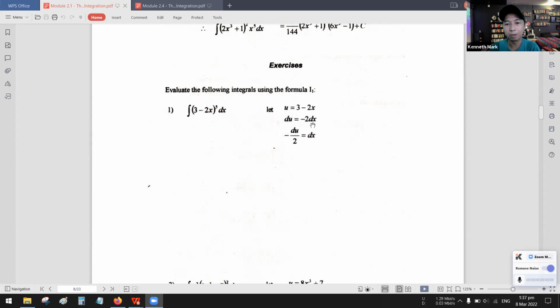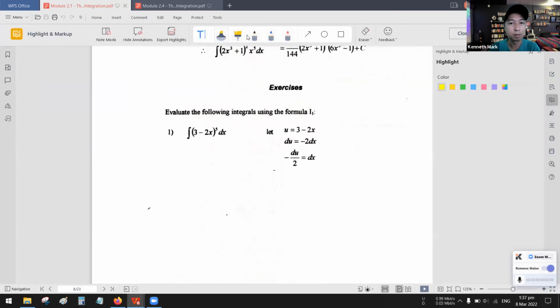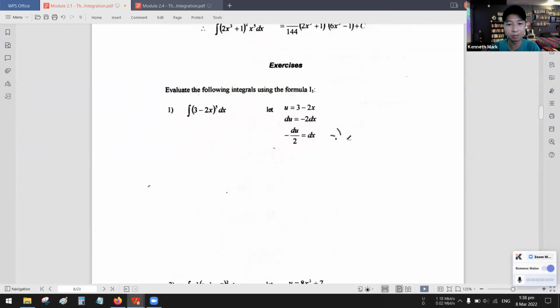Then yung dx is negative du over 2, or this is just negative 1/2 du. So nakuha mo na yung substitution natin.